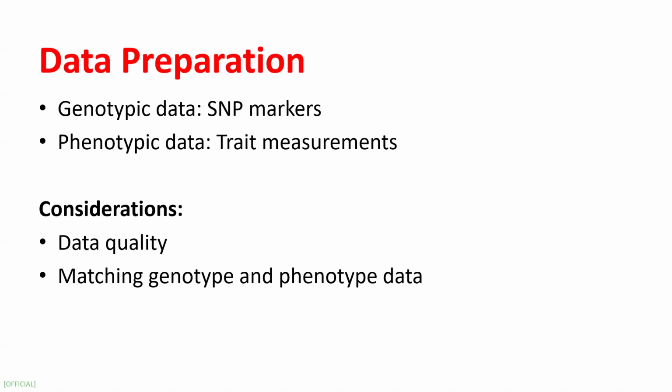It could be in HapMap, it could be in VCF format, and it could be in a text file. And then your phenotype, depending on what you are doing. But the most important part is that your genotype data must match your phenotype data. So you must be very sure that this is matching. If it's not matching, you're going to have problems in your analysis.